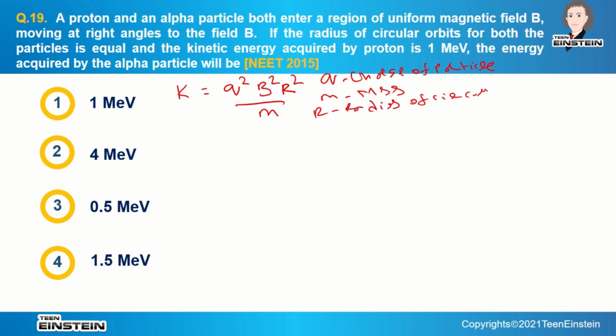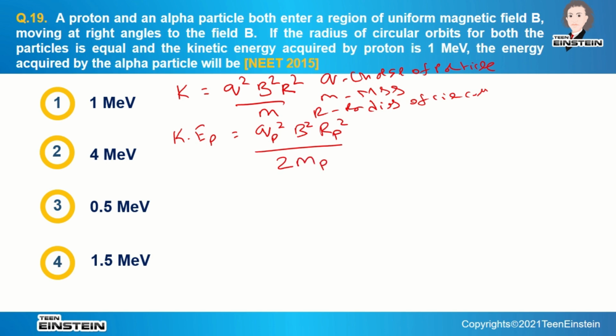So the kinetic energy acquired by the proton is given by q, the charge of a proton, squared, the magnetic field and the radius, divided by the mass of the proton.